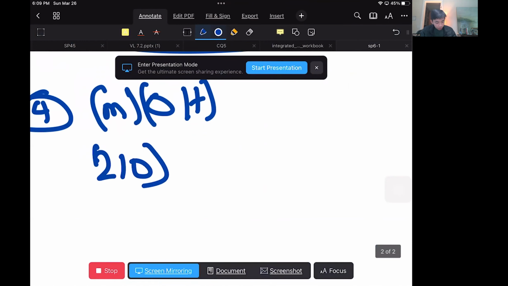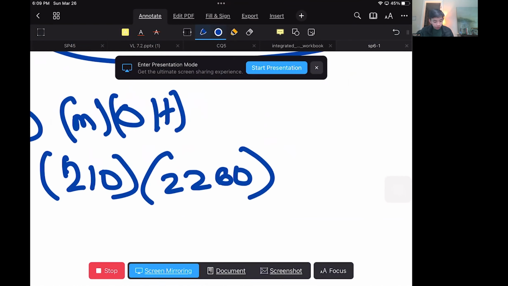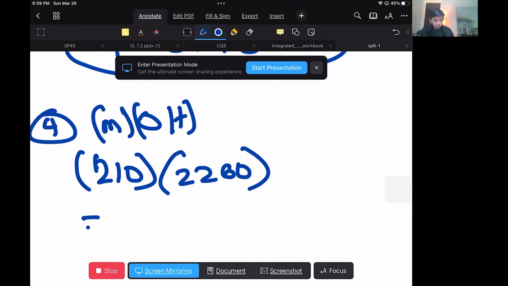Enthalpy for water, because we went from water to gas to evaporate, is going to be 2260 joules per gram. You multiply this out and you get 474,600.